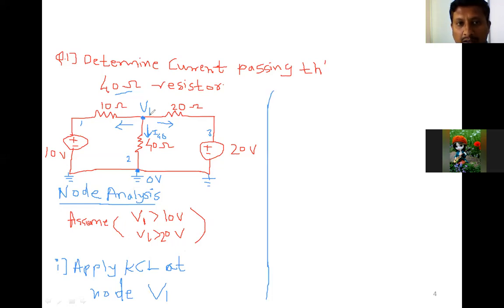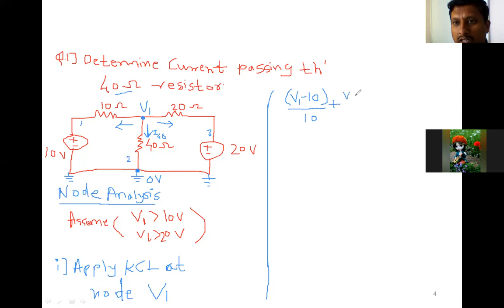So V1 minus 10 divided by this 10, all are positive currents because all are outgoing. V1 minus 10 volt, in one bracket, divided by the resistor value, that is 10. Because I don't know the current value, I am using Ohm's law here: the potential difference between these 2 points, V1 and 10, divided by this resistor value, gives us the current. Next, plus, because this is also outgoing, V1 minus 0 divided by 40.